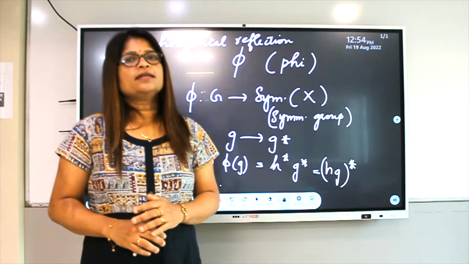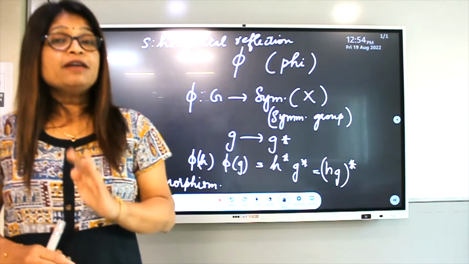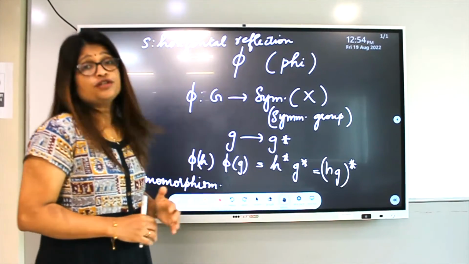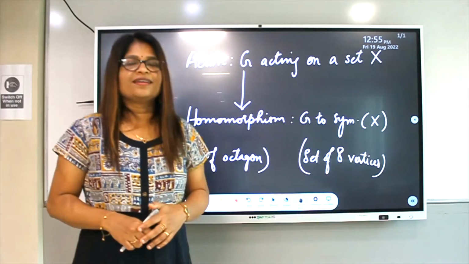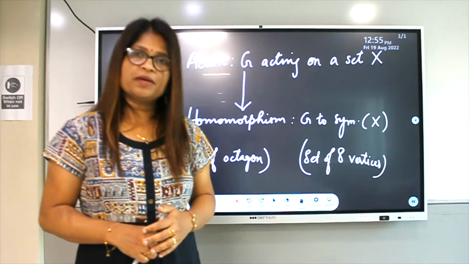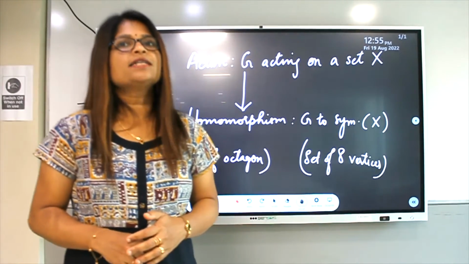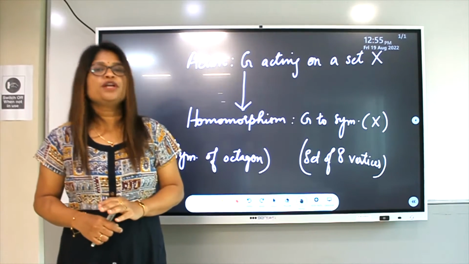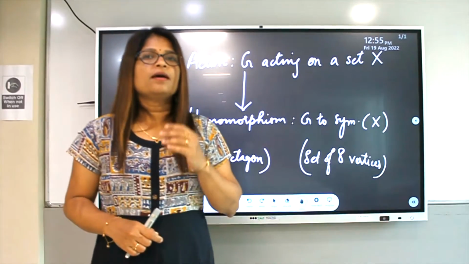So this is simply phi of hg, which satisfies the definition of a homomorphism. In short, whenever you have an action of a symmetry group G on a set X, you will have a homomorphism from G to the collection of permutations of the set X.